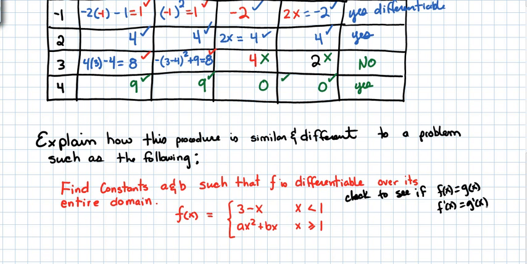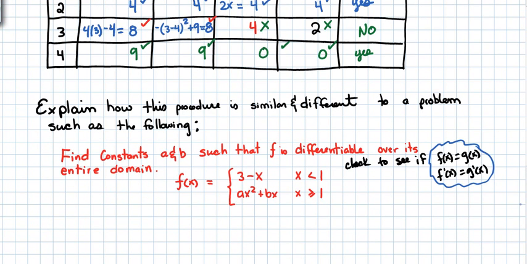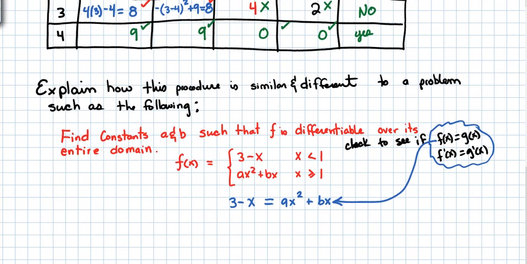A similarity is that we're going to use this same definition of differentiability, but in a slightly different way. In this new problem, we would let 3 minus x equal ax squared plus bx. That is satisfying the first part of the definition. Then we'd have to take the derivative, 2ax plus b.